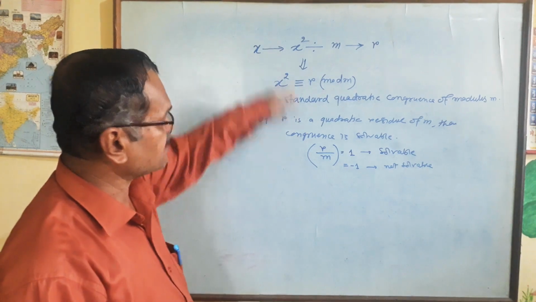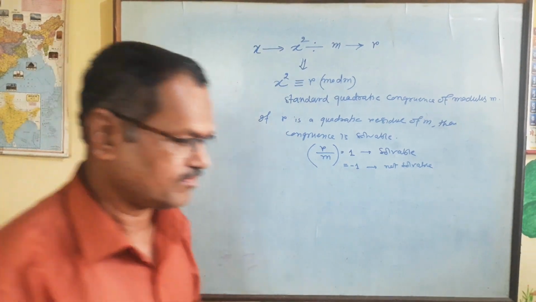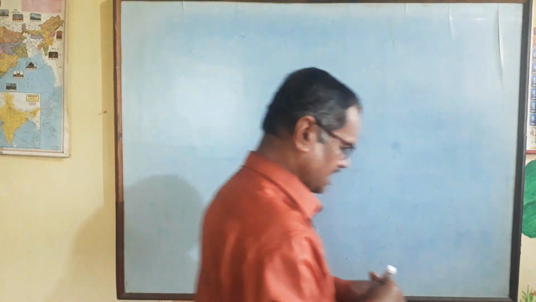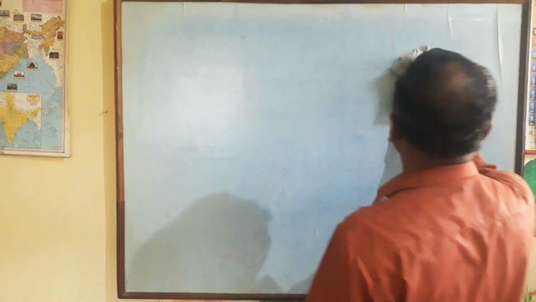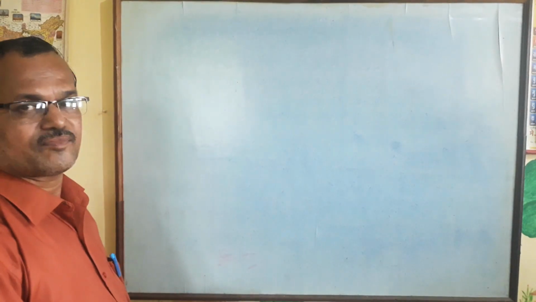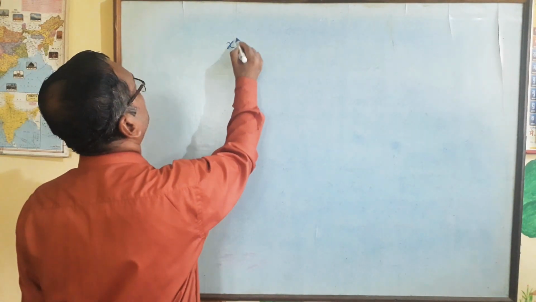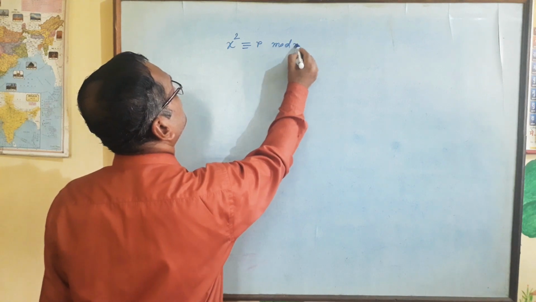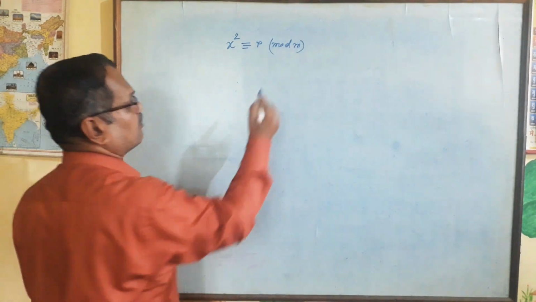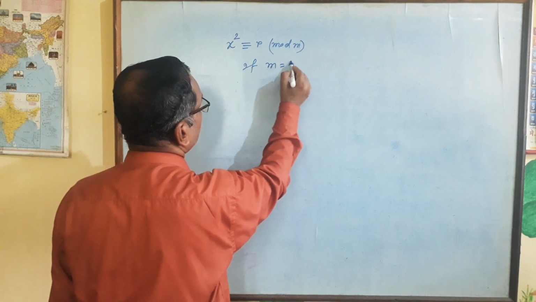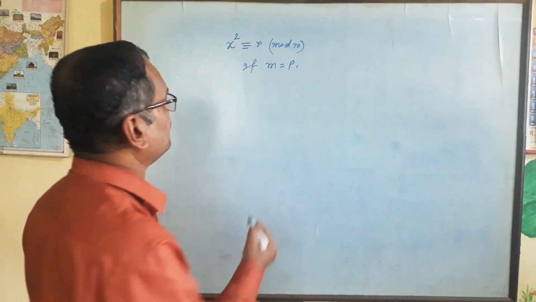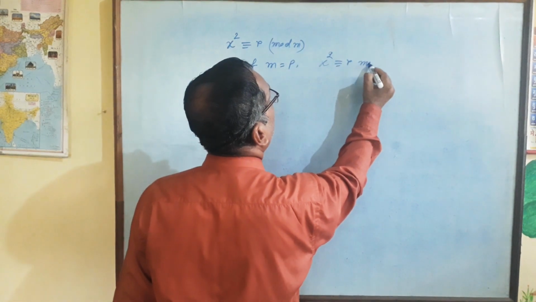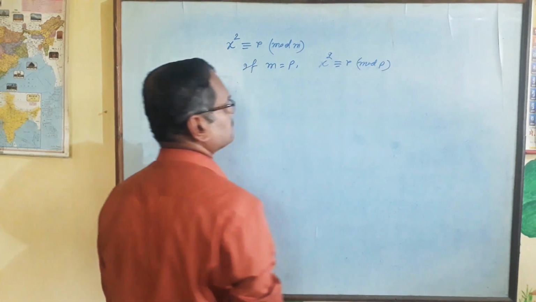Let us try to understand with an example. Here our congruence is x square congruent to r mod m. Now, if we put m equal to p, where p is a prime number, then our congruence becomes x square congruent to r mod p.